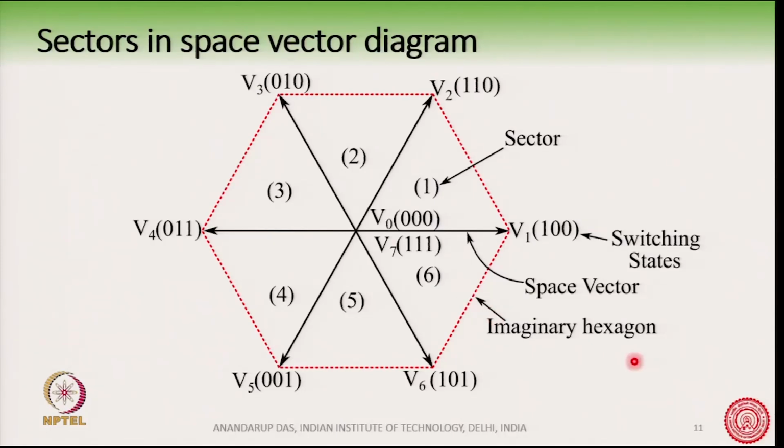So, in this space vector diagram, the boundary is a regular hexagon, there are 6 sectors, and there are 8 switching states indicated: 6 active vectors and 2 zero vectors.